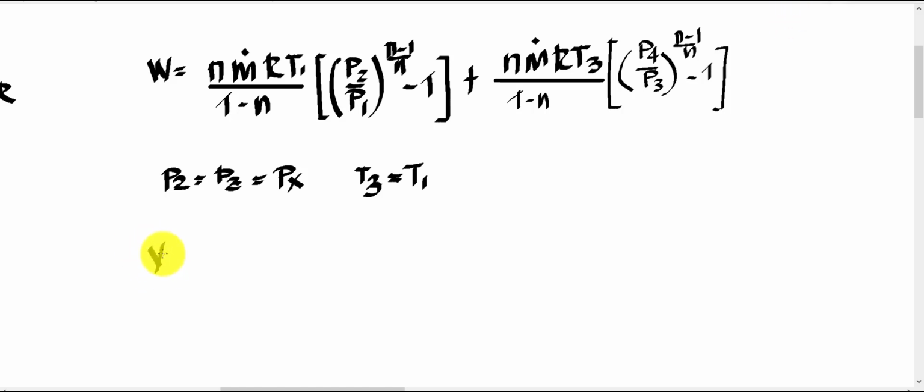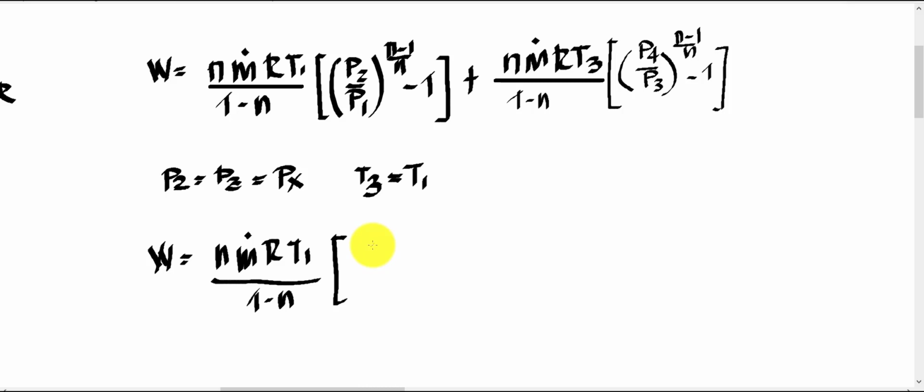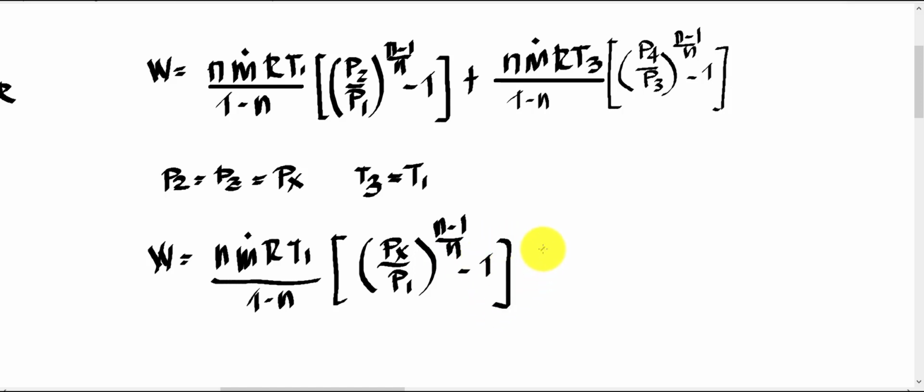So we can rewrite that as your work, that will be N, mass flow rate, R T sub 1, divided by 1 minus N. So here P2 is equal to Px, so I'm going to write Px over P sub 1 raised to N minus 1 over N, minus 1.